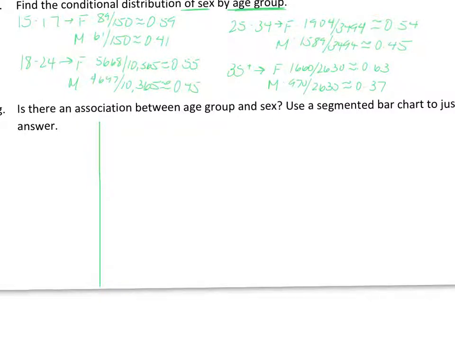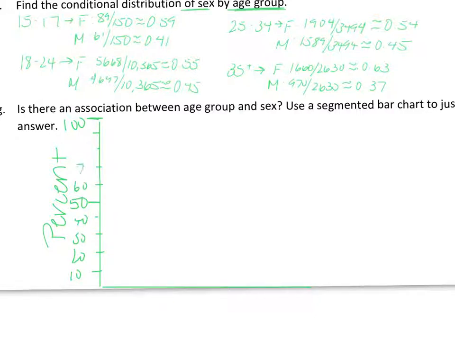So I'm going to construct two axes, and I'm going to take my vertical axis and I'm going to make this the percent. And now we're going to ensure that this vertical axis ends up at 100%. Okay, so we've got our 10, 20, 30, 40, 50, 60, 70, 80, 90, and 100.